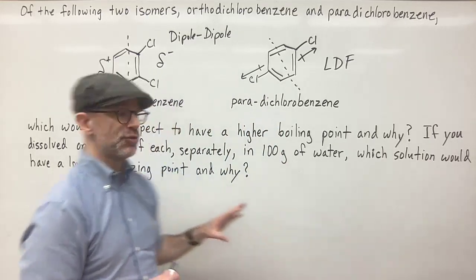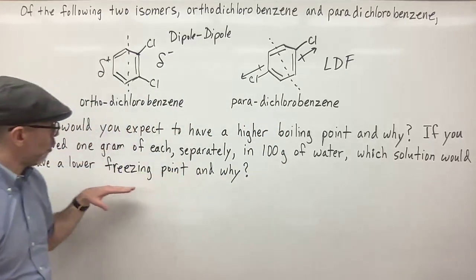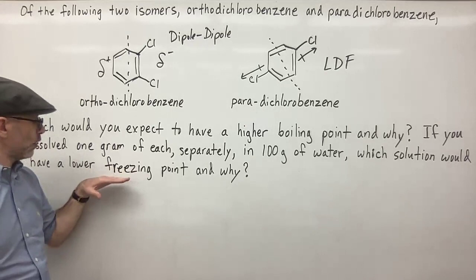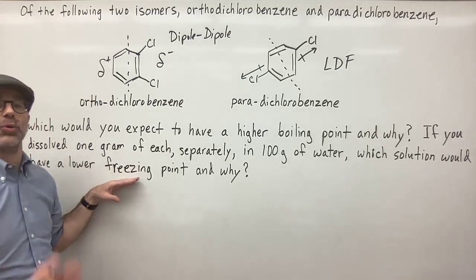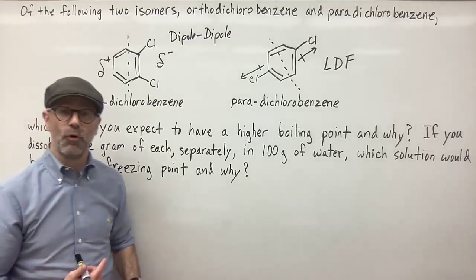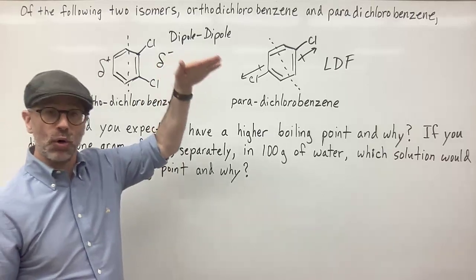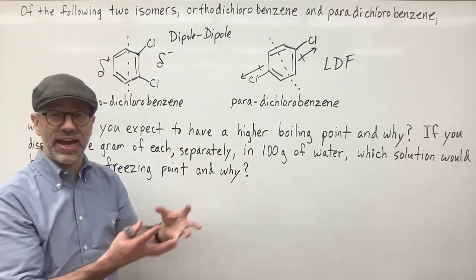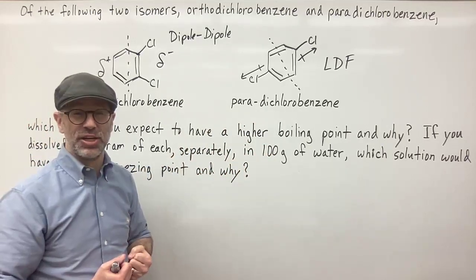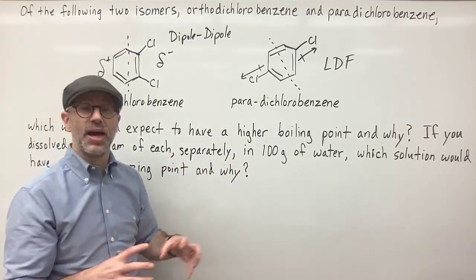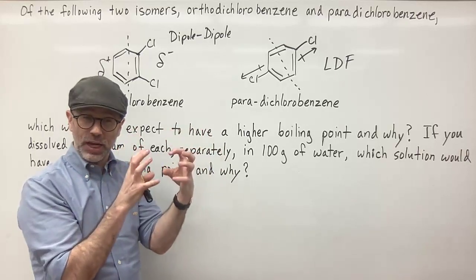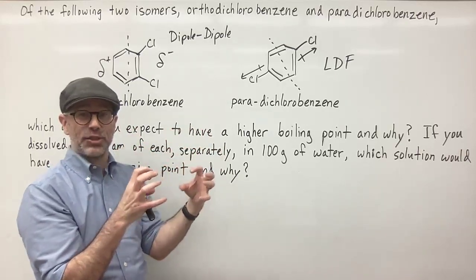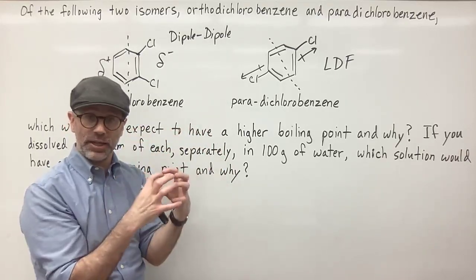So in answering this question, the one with the lower freezing point is going to be the one with the weaker attractive forces, because you've got to slow those molecules down even more. You've got to take away more of that energy in order to slow them down so that the weak intermolecular forces can actually do their thing and bring them together.